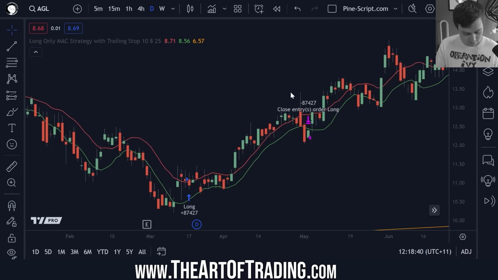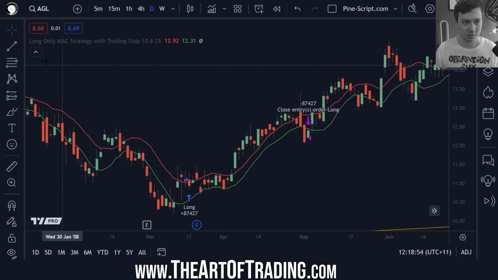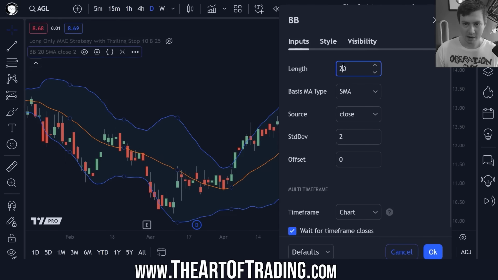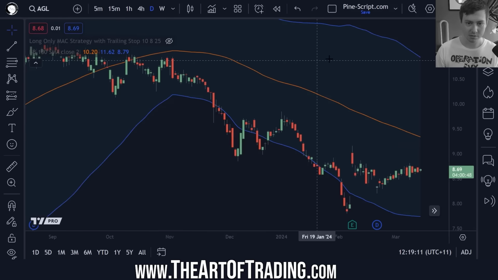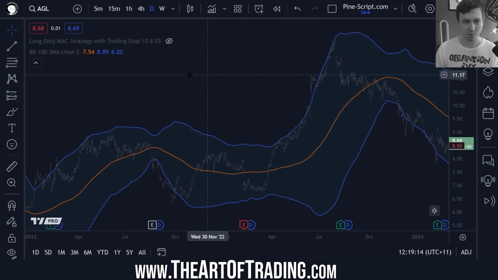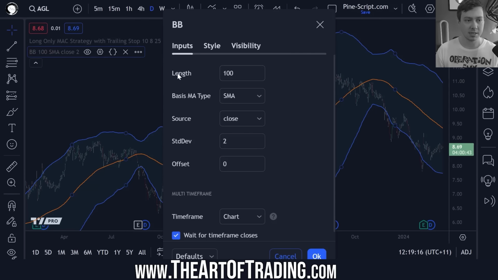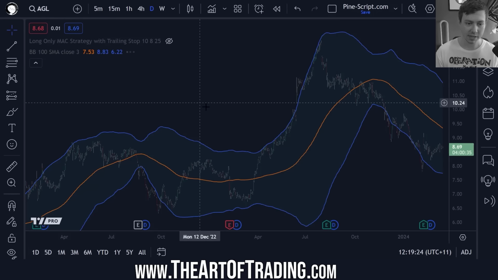Let me outline the rules. I'll throw it on the charts real quick, just so that we can see what we're doing. The book outlines that this is a daily chart system, long only for equities. The Bollinger Band must be based on a 100 period SMA, and it uses two different standard deviations. For the upper band, we're using 3 standard deviations.